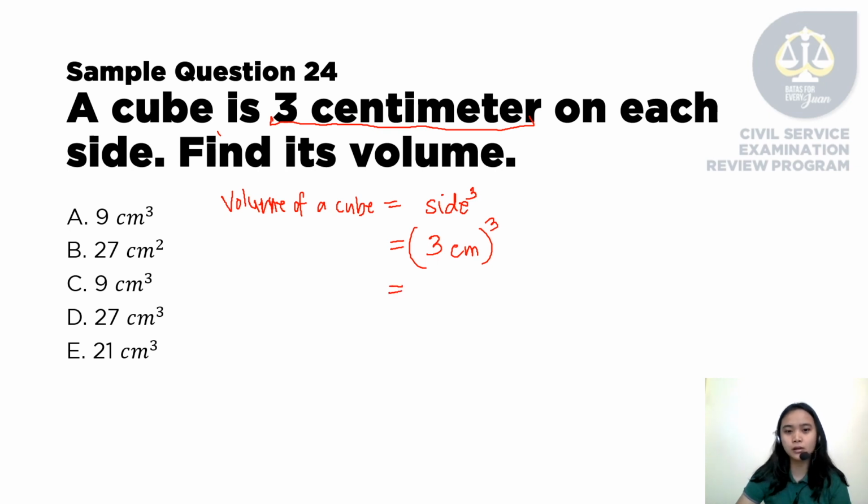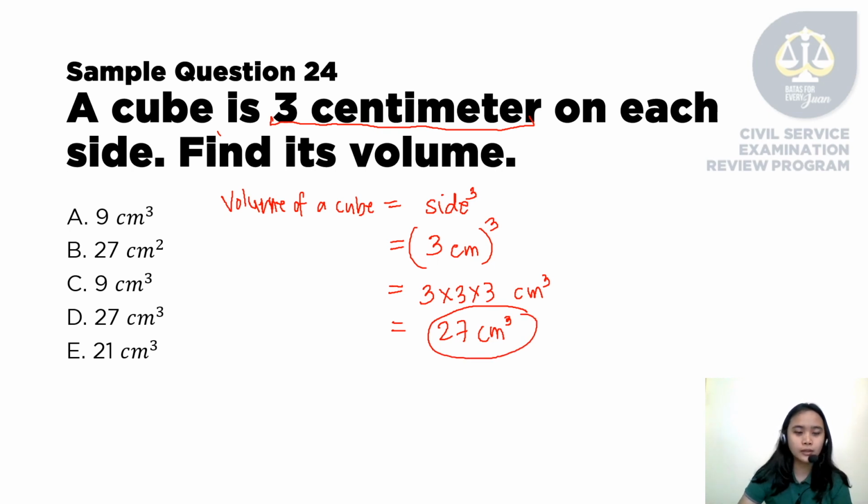That is, solving, meron tayong 3 times 3 times 3 cm cubed, or equal lang yan sa 3 times 3 ay 9, times 3, 27 cm cubed. For our choices, meron tayong A, 9 cm cubed, B, 20 cm squared, C, 9 cm cubed, D, 27 cm cubed, and E, 21 cm cubed.